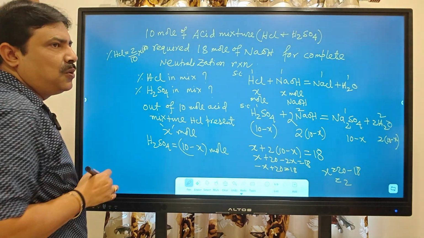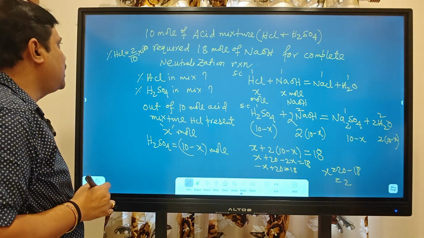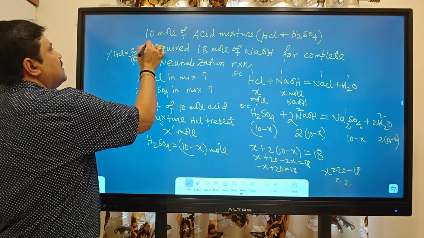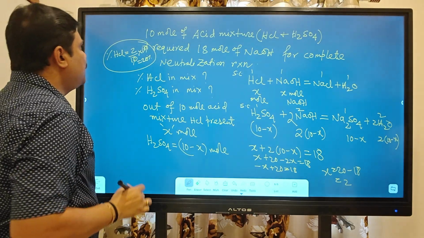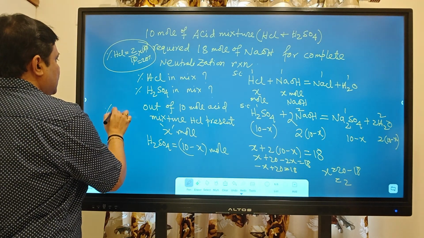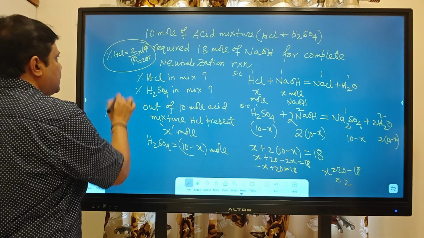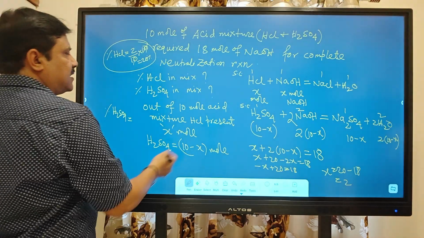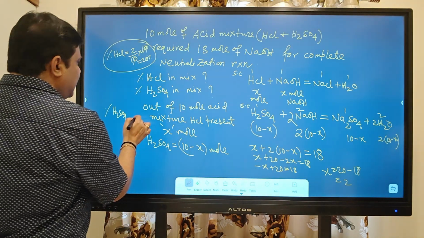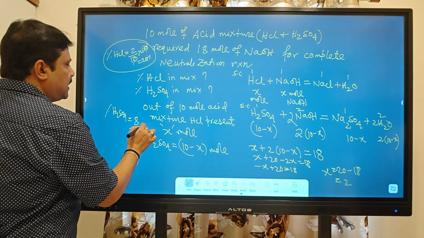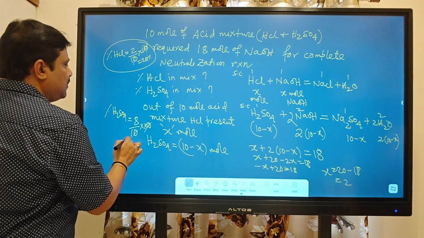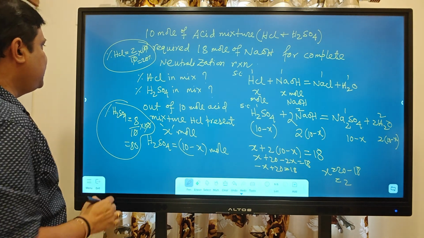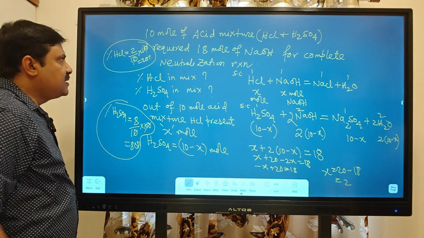The moles of the particular acid with respect to the total, into 100, is 20%. Similarly, the percentage of H2SO4 is 100 minus the percentage of HCl, or you can calculate it directly: 10 minus 2 means 8, and 8 with respect to total 10 into 100 is 80%. This is your calculation. Yes or no? So H2SO4 is 80% and HCl is 20%.